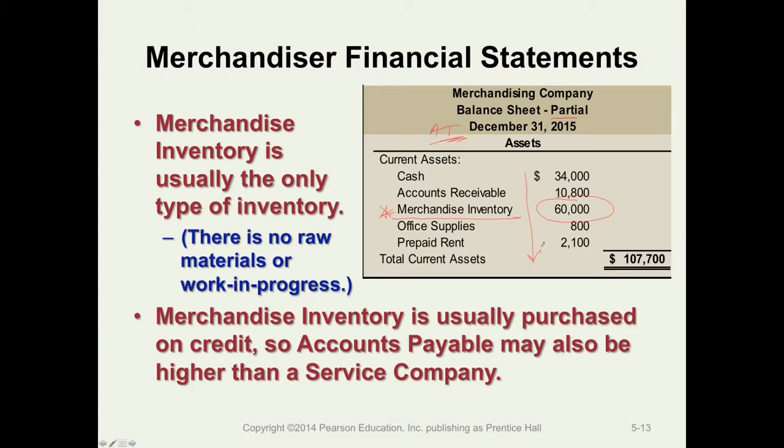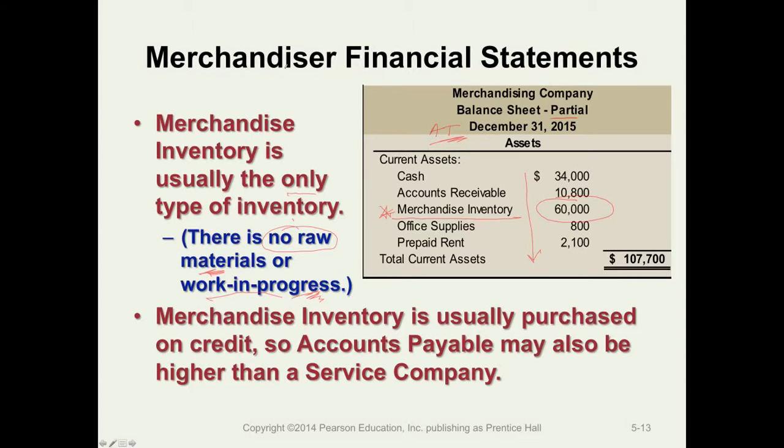In a manufacturing company, you'll have not only merchandise or final produced items, or finished goods, you'd have your raw materials you need in production and your partially completed goods, work in process. So for a merchandising company, you only have merchandise inventory. For a manufacturing company, you'd have raw materials, work in process, and finished goods.